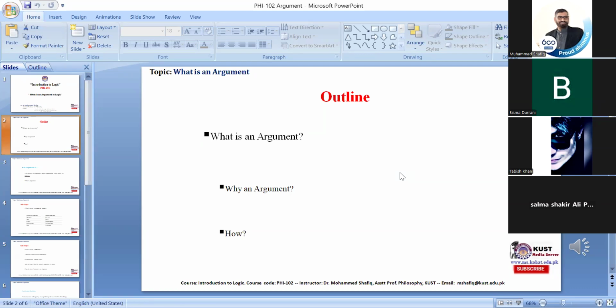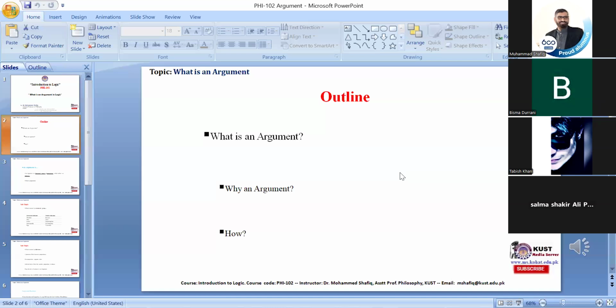So it would be an invalid argument. So a valid argument must have more than one proposition. There must be a kind of structure in that, and then there must be some kind of link or a cement. Then it would be called an argument, or it would be called a wall.